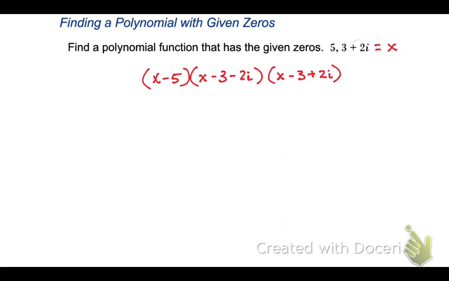So we have to subtract the 3 and subtract the 2i. Now, for it to be a conjugate, the only thing that is changing is this sign right here. So that's why it's minus 3 plus 2i. Only the ones with the i's have to have a conjugate? Yes. Only the imaginary part, or irrational, like a square root.